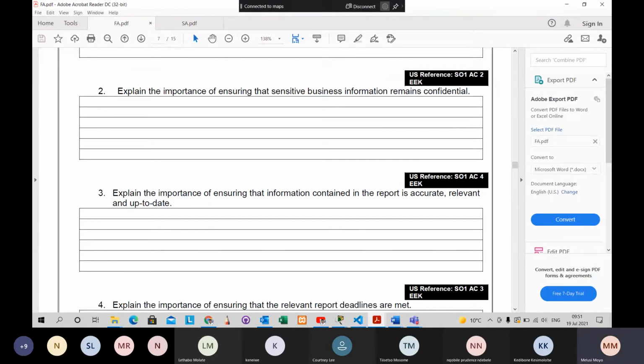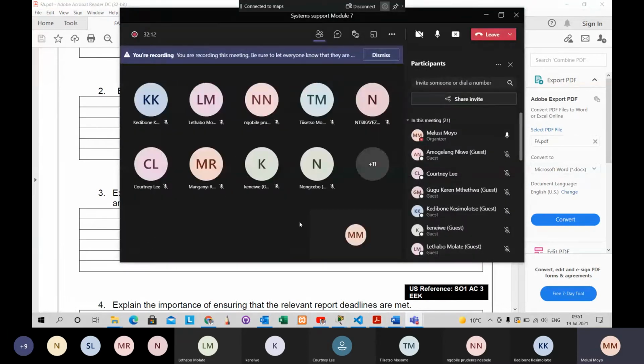Especially the one that we pull from our network systems, you find that report has information about the IP addresses and the MAC addresses, and if that specific information gets to the wrong hands, hackers can use it to hack our systems because they already have detailed information about our network.